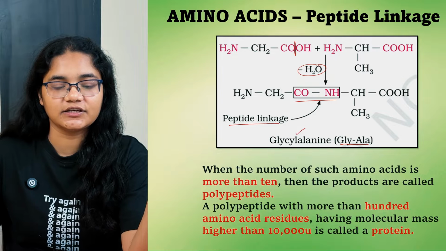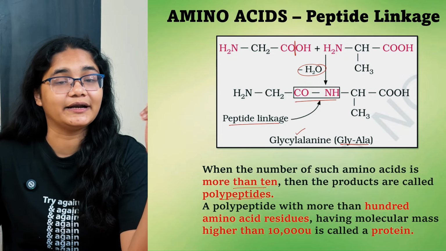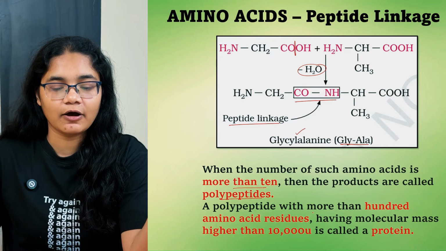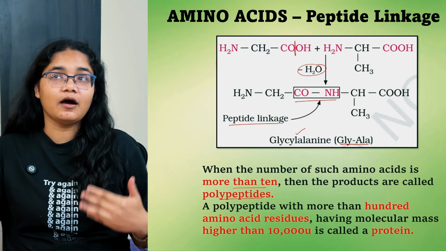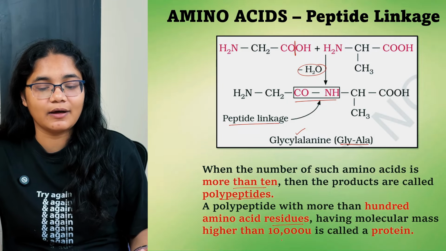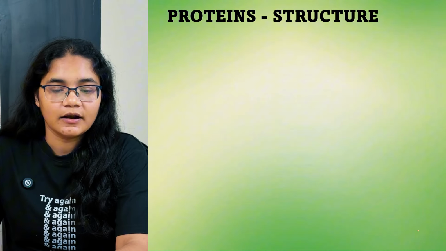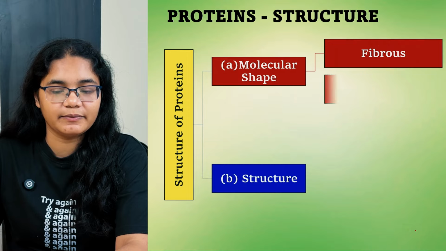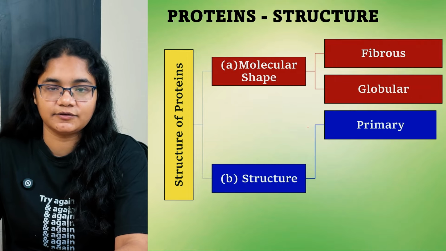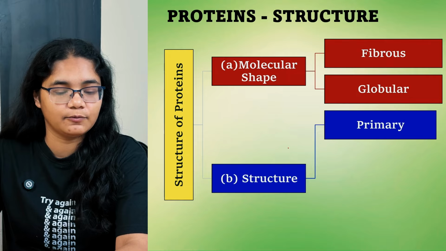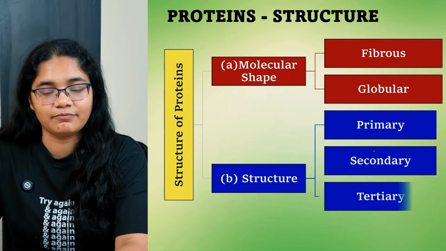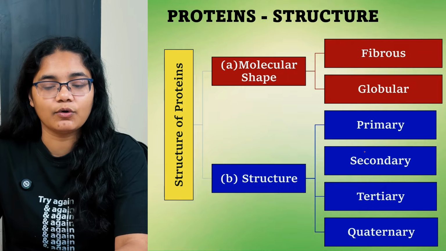Now when the number of such amino acids is more than 10, then we call it a polypeptide. And if a polypeptide weighs more than 10,000 atomic units and has more than 100 amino acids, then we call it a protein. If you see the structure of proteins, basically we can divide it first on the basis of shape, that is fibrous and globular protein, and on the basis of structure we have primary, secondary, tertiary and quaternary.